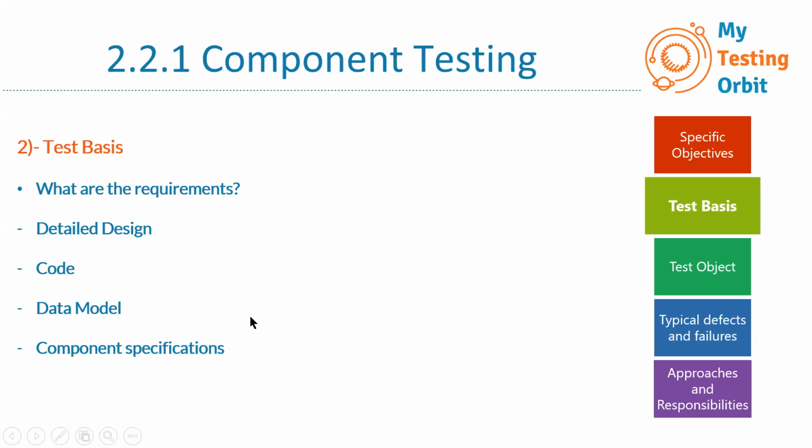Sometimes we are doing it, but we don't know. For example, if we are testing a field and that field should accept only 5 numeric characters, that's something defined as a requirement, specified in a data model.